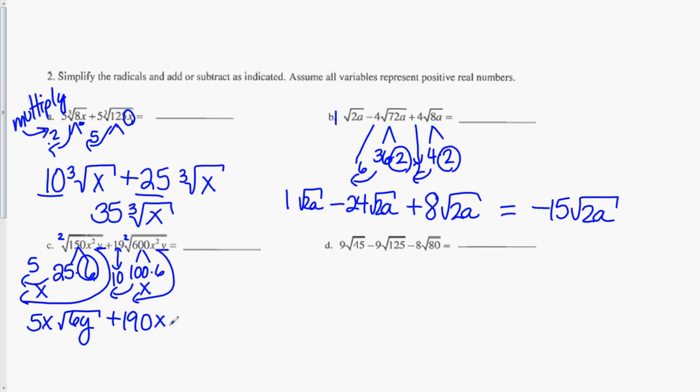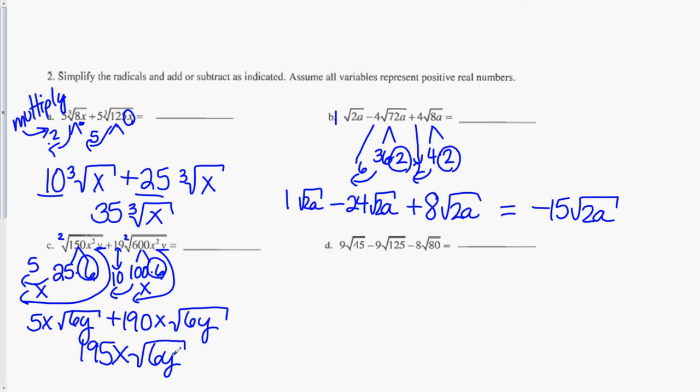So I brought out an x, and then I have a 6y that's staying. Again, these roots match now because I have a square root of 6y in each one. So 5x plus 190x is 195x square root of 6y.